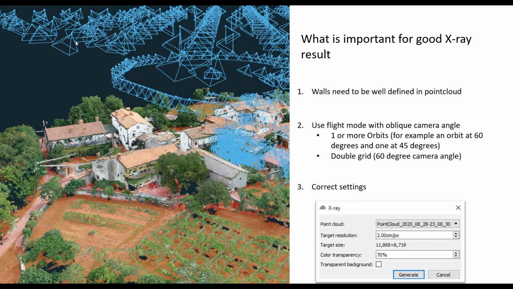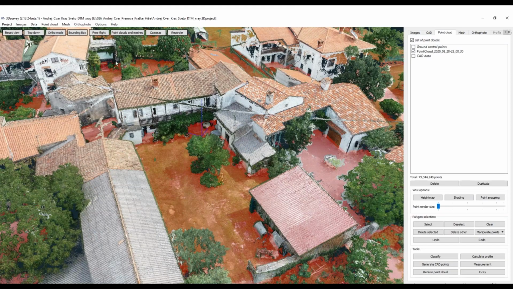For 99% of the cases that you will do, I just recommend using 2 centimeters for resolution and 70% for color transparency. Now, let's also check how this technique works in practice.